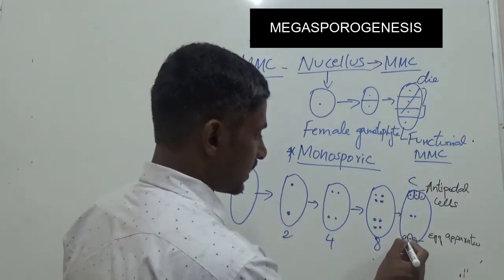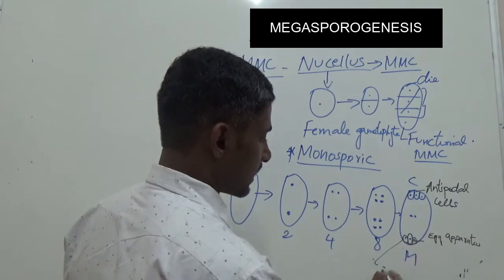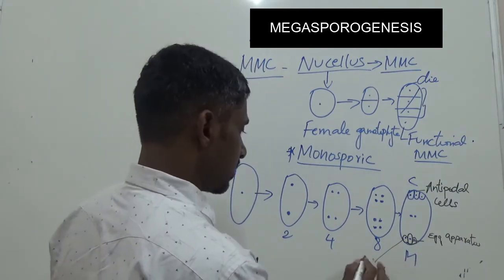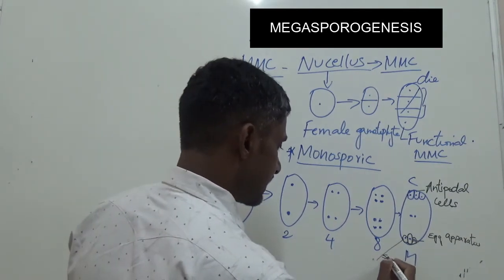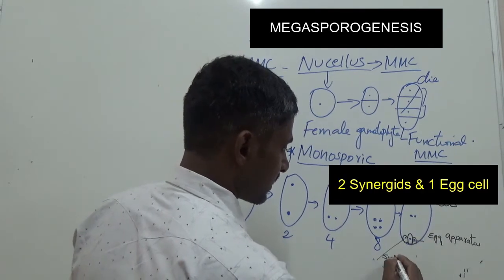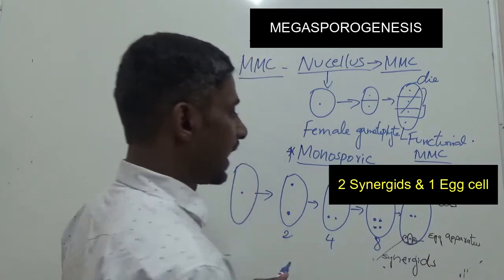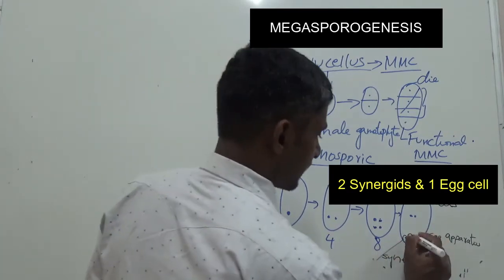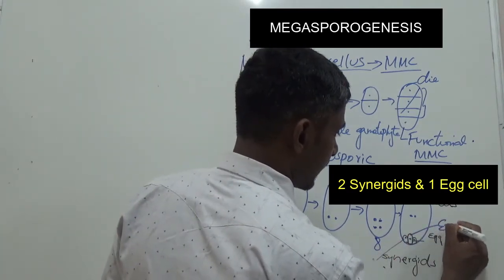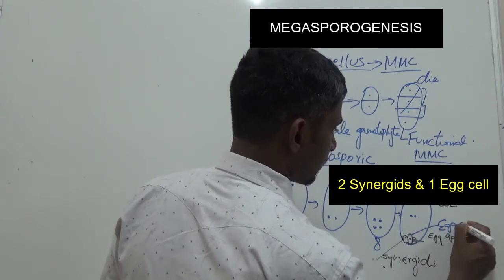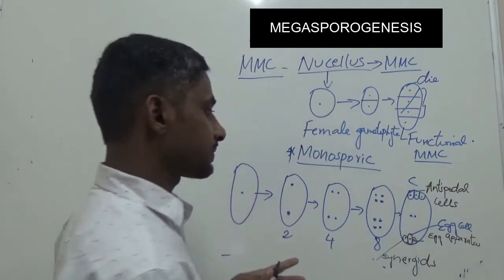The 2 corner cells will be called synergids. You will write this. They are called synergids. And the middle cell is called the egg cell.